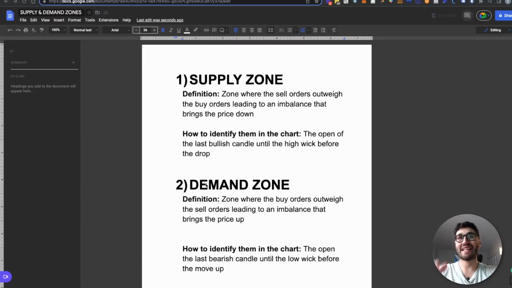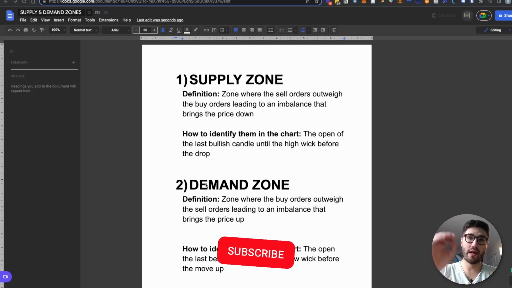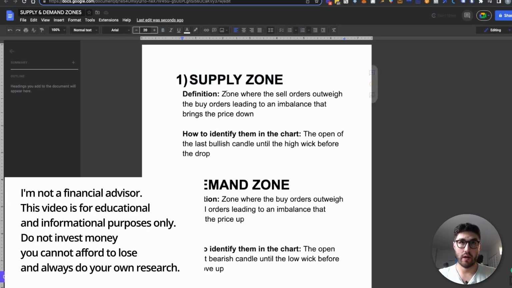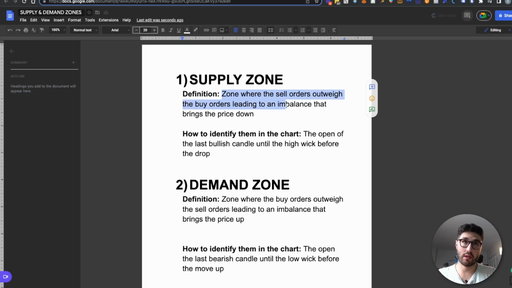All right, guys, let's start with the definitions of a supply zone and a demand zone. A supply zone is defined as a zone where the sell orders outweigh the buy orders, leading to an imbalance that brings the price down. So there's more selling pressure and the order book is imbalanced, which brings the price down.